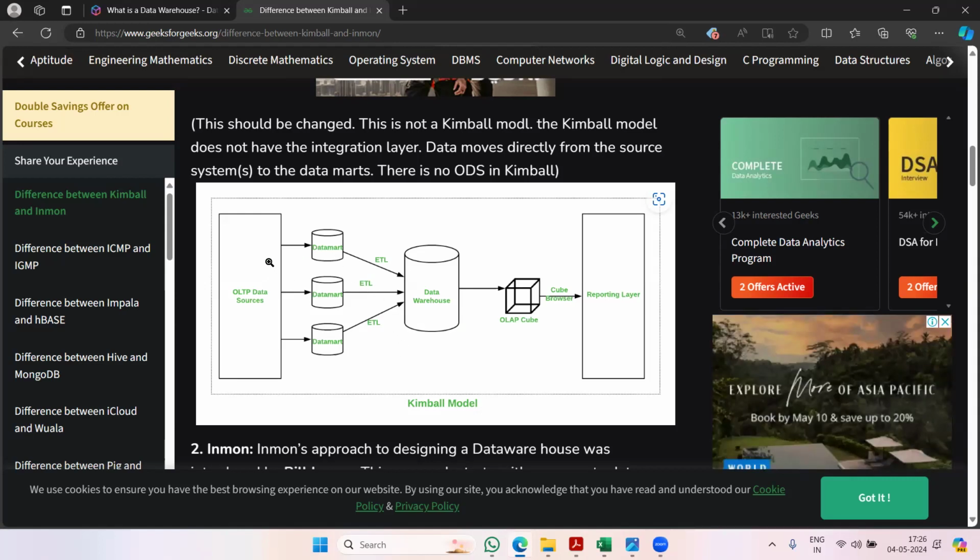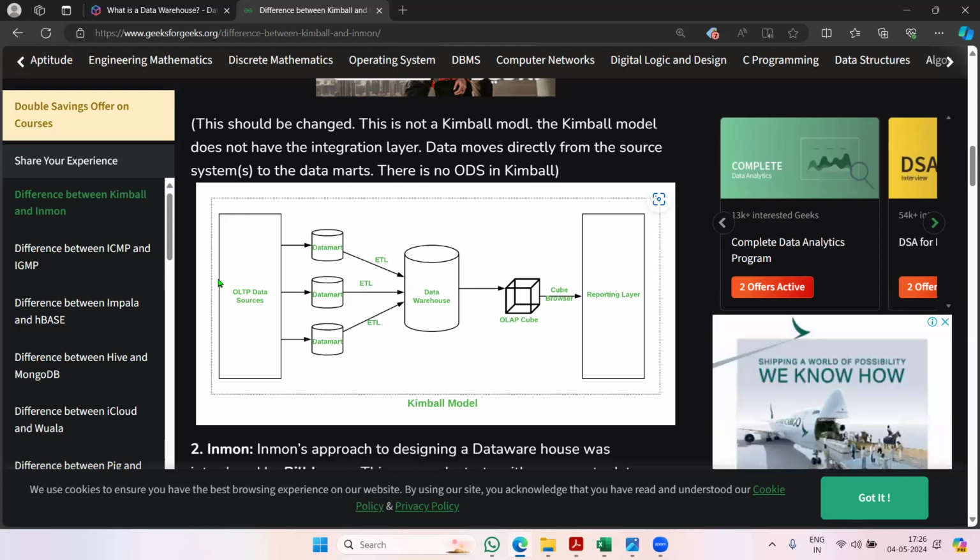Suppose you take this example. We are going to have data from all our transactional processing. At the end of the day, the finance department would be having, say, 10 or 20 files with information related to the expenses and the incurred costs. Similarly, the manufacturing department is going to have data related to total production, how many employees attended the office, and how much inventory is used.